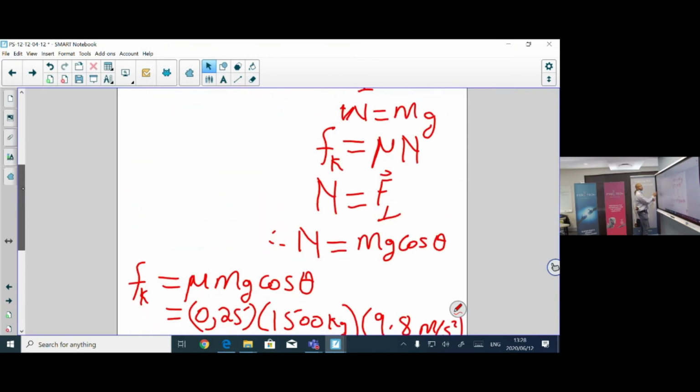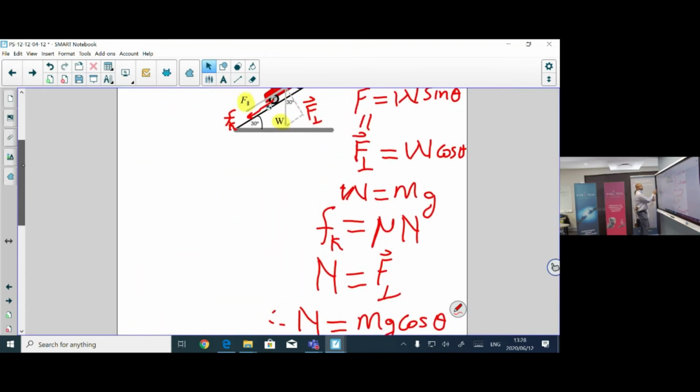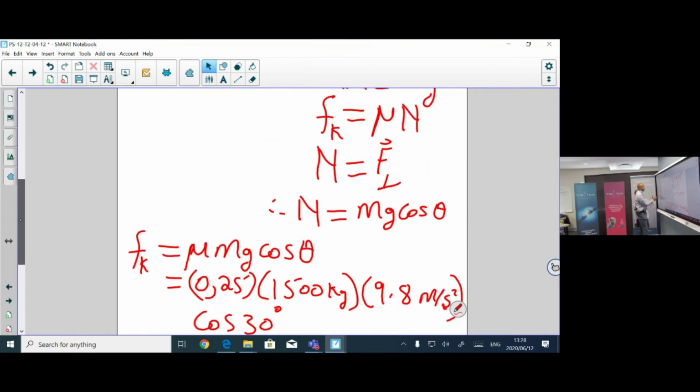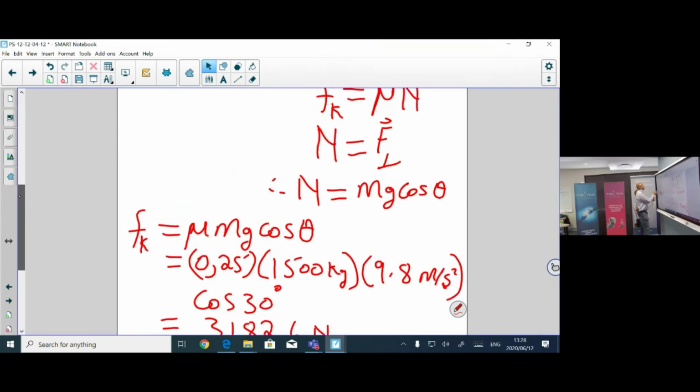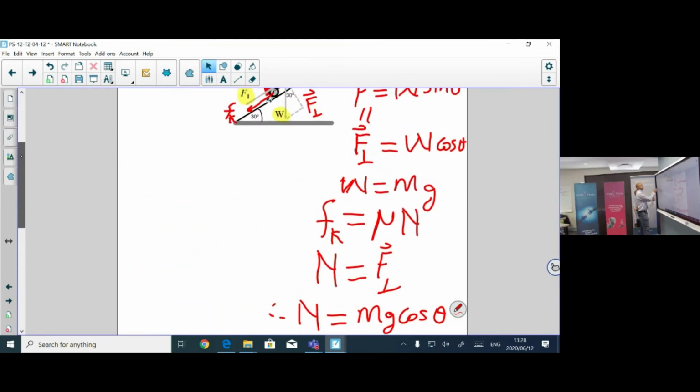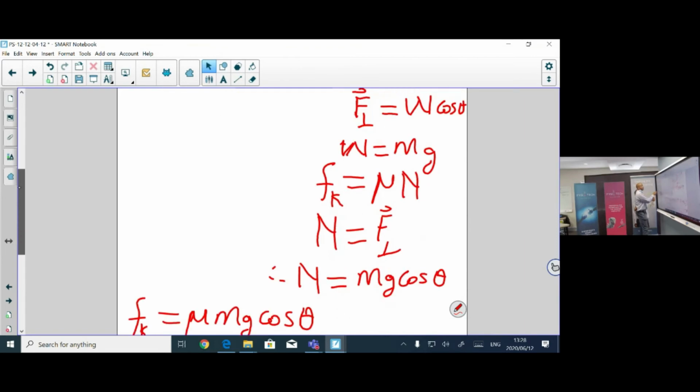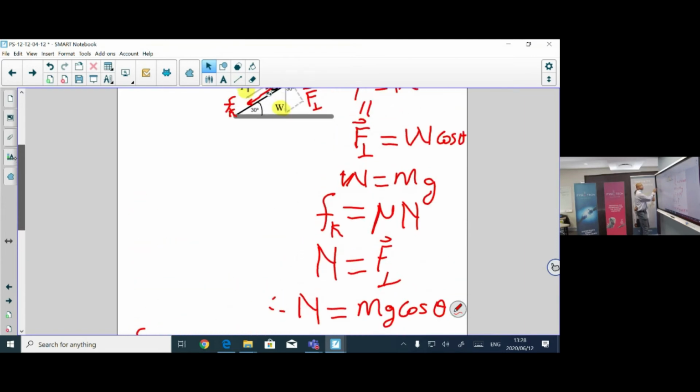We go back to our formula, which is W. I'm going to substitute W with mg. That is mg sine theta. It's W sine theta, Fg parallel.